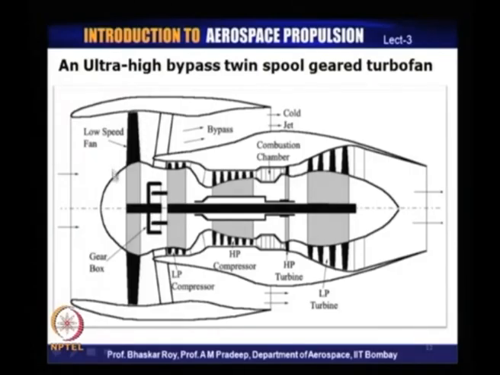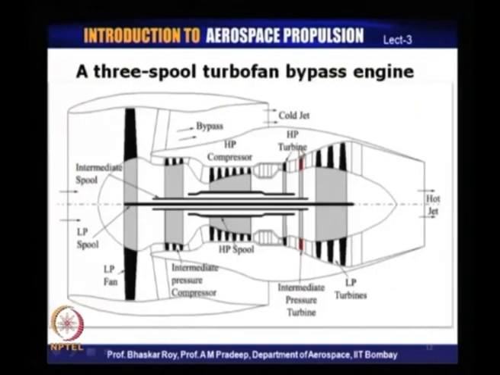So, it is almost becoming the size of a propeller, hence you need a gearbox to run this fan at a somewhat lower RPM, so that they are mechanically and aerodynamically quite efficient and produce a thrust of a very high order through the bypass, and as a result the overall propulsive efficiency now would be very high.